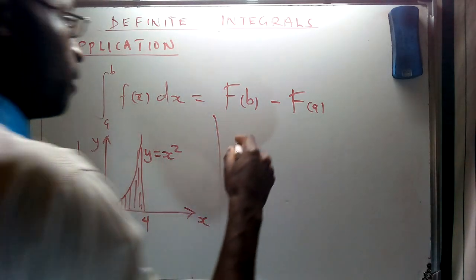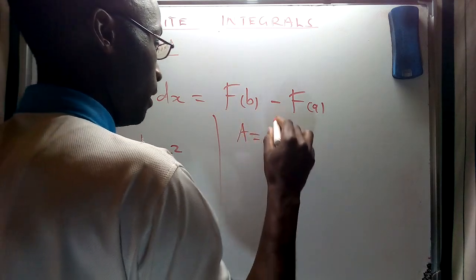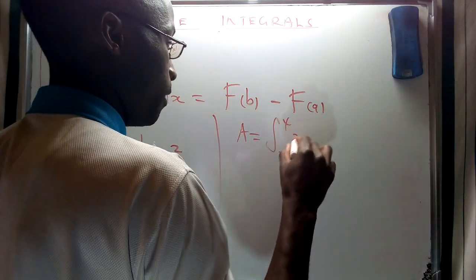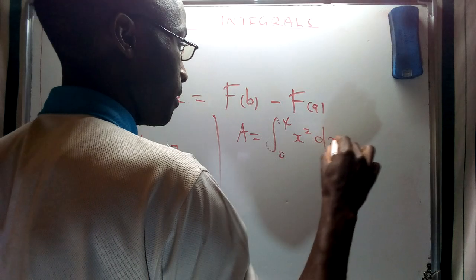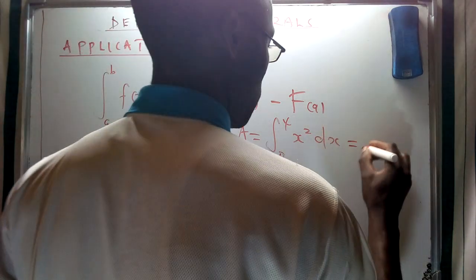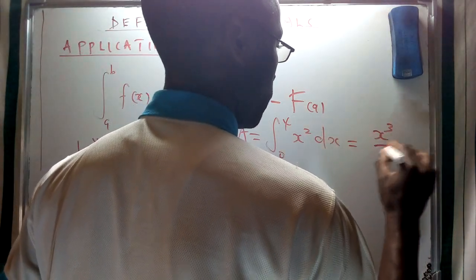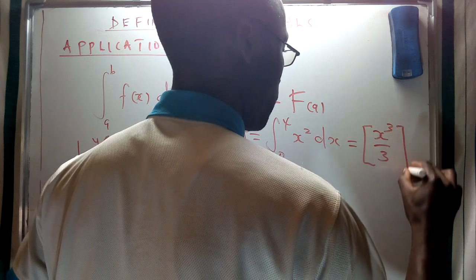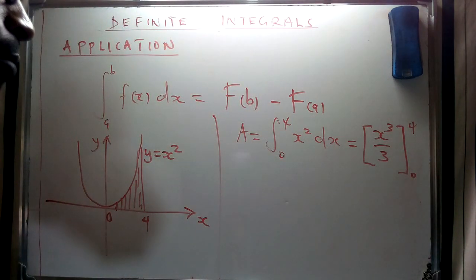In this case, our area is going to be given as the integral from 0 to 4 of our function x squared dx. This is going to be x cubed over 3 using square brackets, with 0 to 4 to indicate the lower and upper limits of integration.